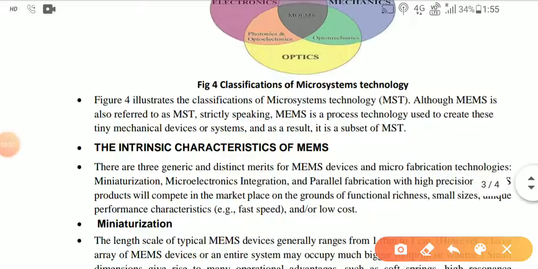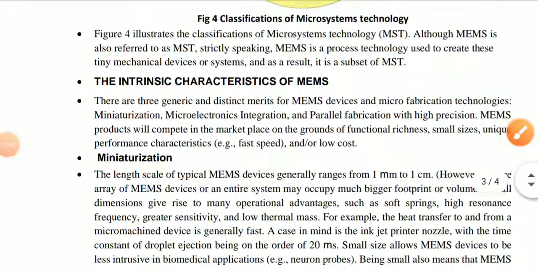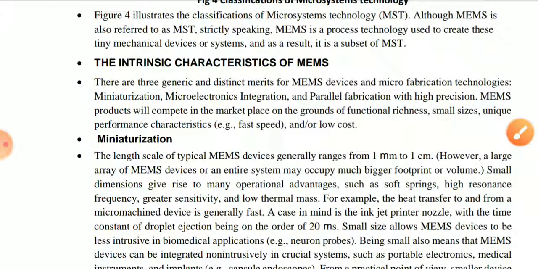Miniaturization is about length. Generally MEMS devices range from 1 micrometer to 1 centimeter. It gives rise to operational advantages such as soft springs, high resonance frequency, greater sensitivity and low thermal mass.